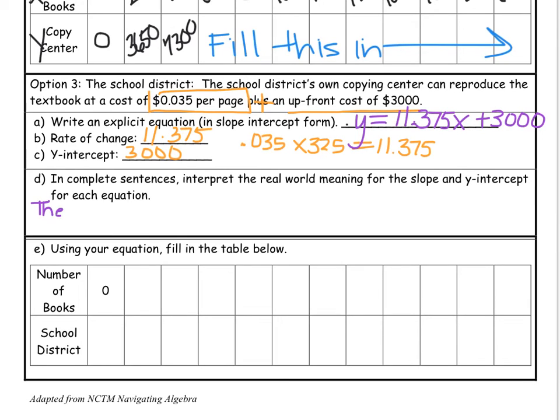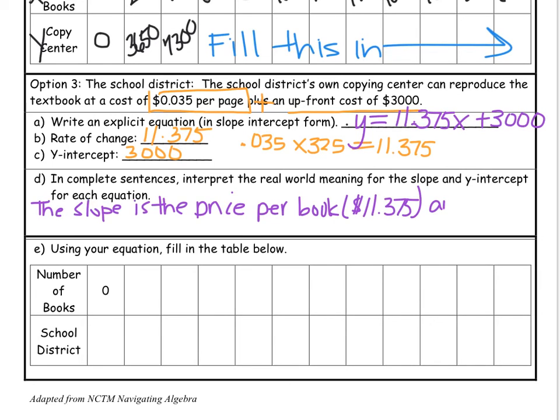So the slope is the price per book, which is $11.375, and the y-intercept, which is $3,000, is the setup fee.